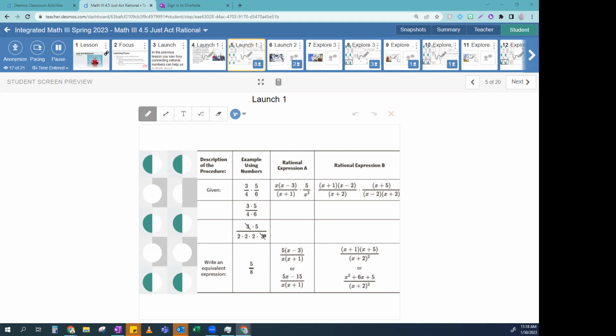Yeah, they broke things up by factoring. They broke things up by factoring. So instead of me looking at a 6, I'm now looking at a 3 times 2. Instead of me looking at a 4, I'm looking at 2 times 2.